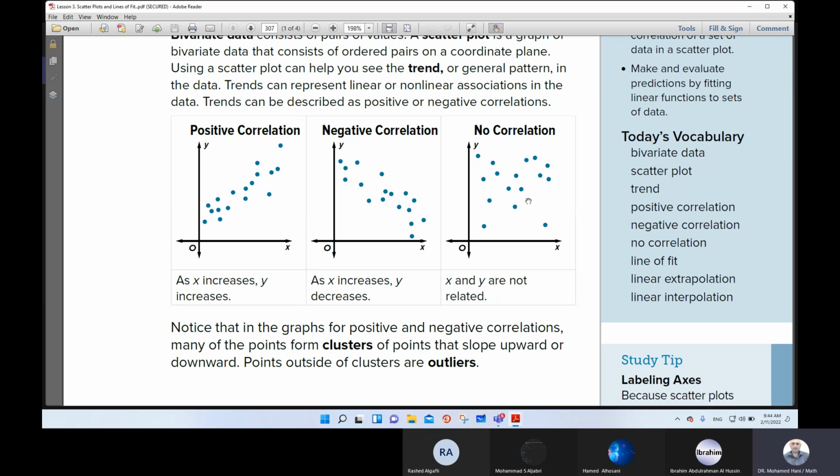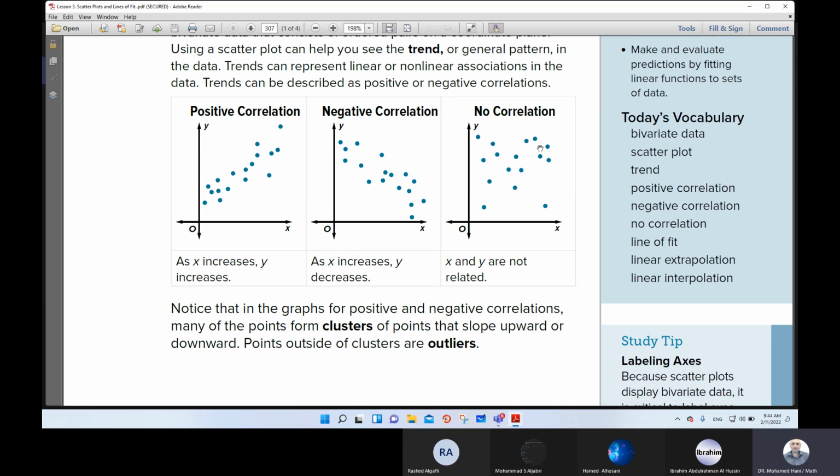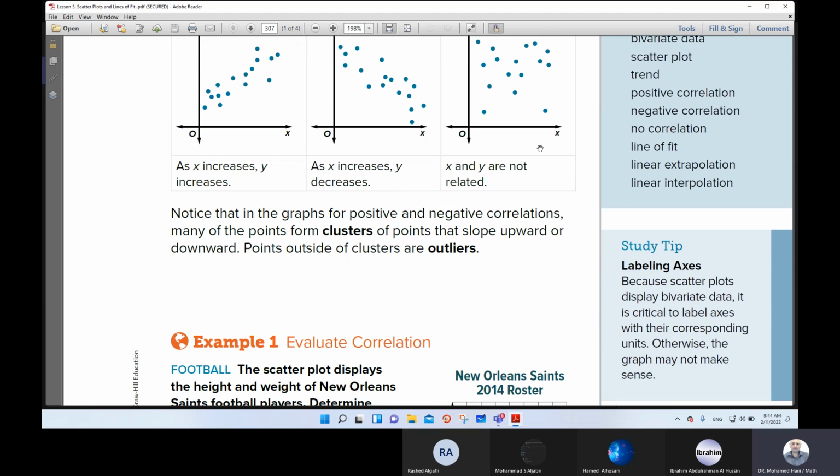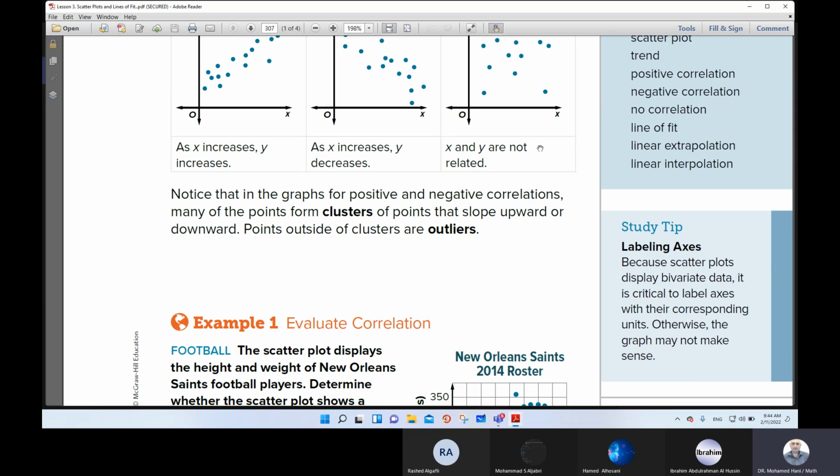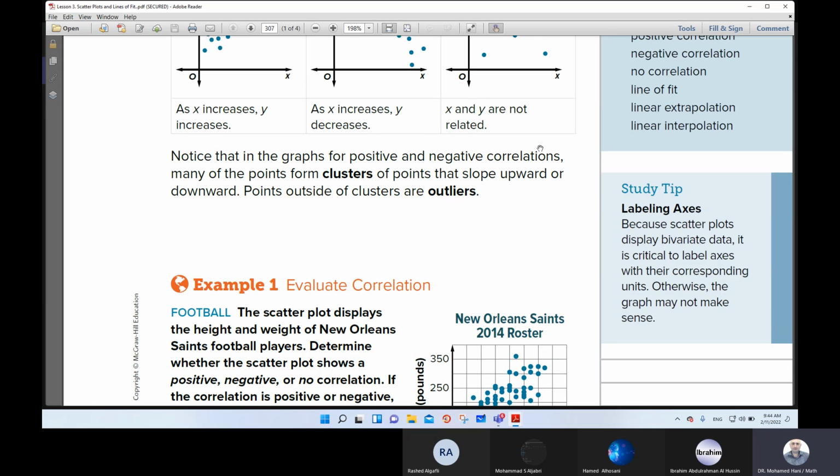And the third case, no relation between the points, means no correlation. Notice that in the graphs for positive and negative correlations, many of the points form clusters of points that slope upward or downward. Points outside of clusters are outliers.